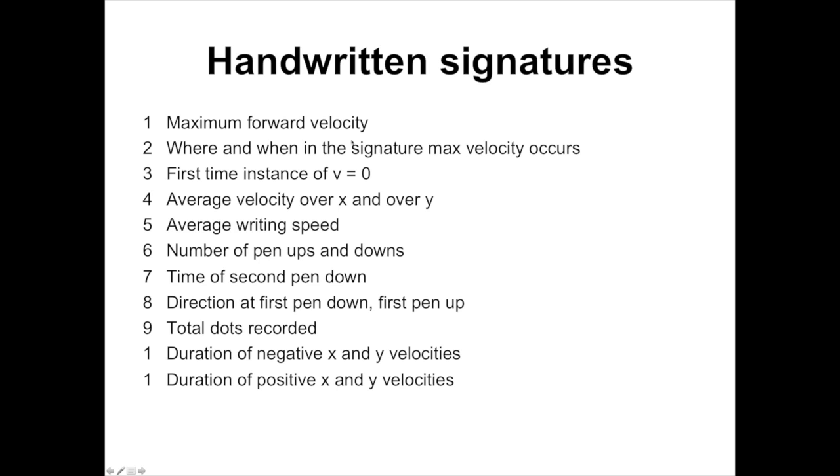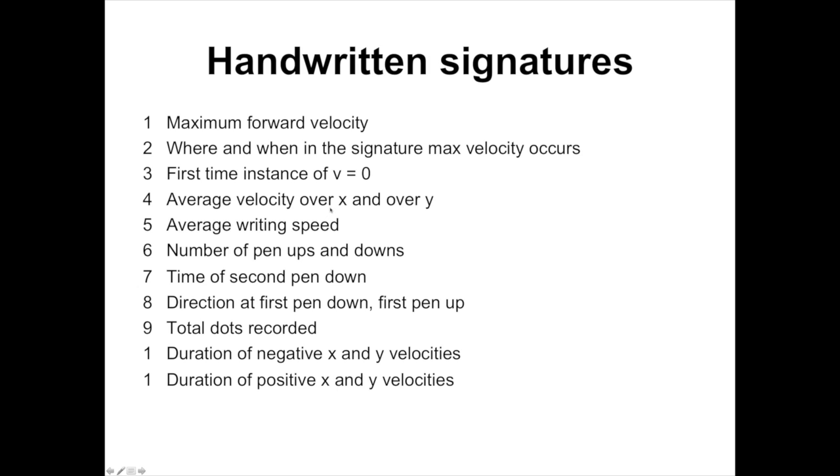So, the forward velocity of the pen. What is the maximum forward velocity? How fast is it moving across the paper at its highest speed? Whereabouts in the signature does that happen? At what point is the first time the speed of the pen becomes 0? What about the average speed with respect to X and Y?